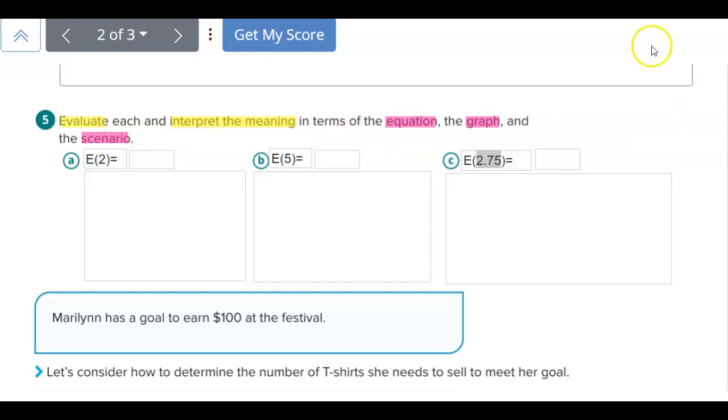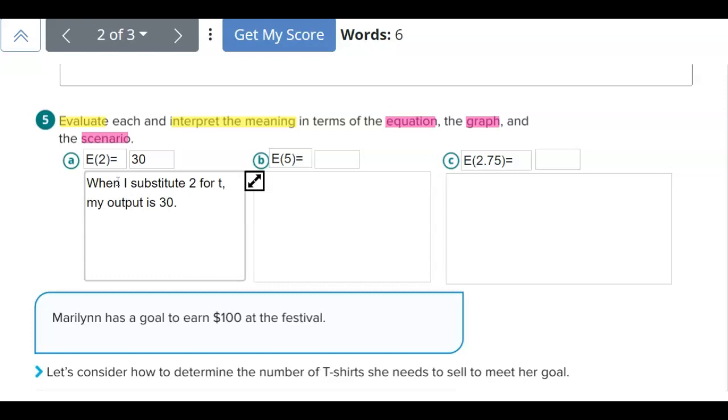Then you're going to interpret what that means in terms of the equation, the graph, and the scenario. So if I discover that 15 times 2 is 30, what that means in the equation is that when I substitute 2 for t, my output is 30.